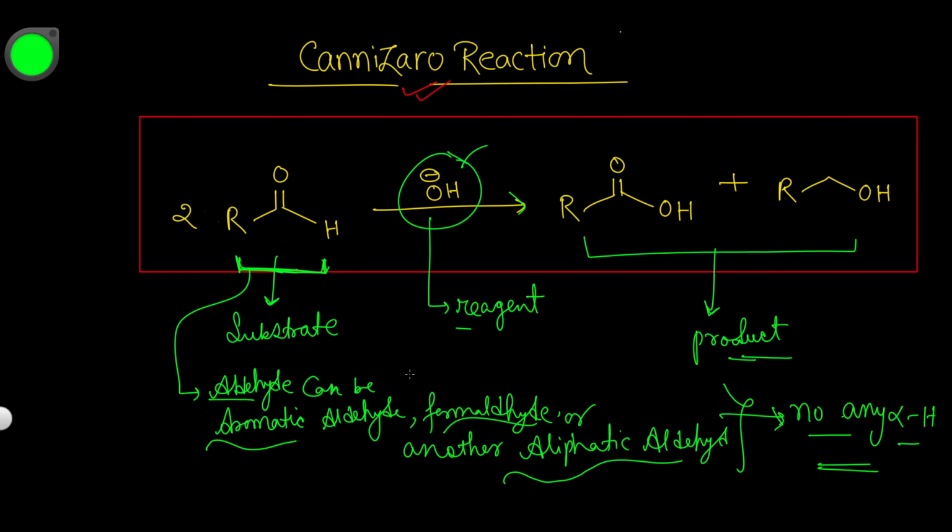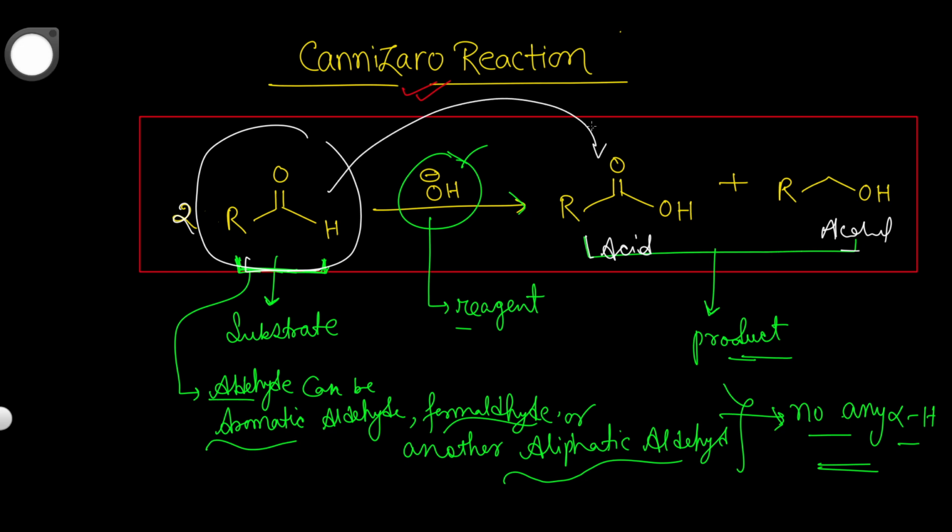Now let's start the mechanism. But before starting the mechanism, I want to tell you one thing. You can see here, this is our substrate, the aldehyde. We have taken 2 moles of aldehyde, and we are getting the products: a carboxylic acid and an alcohol. You can observe that this aldehyde is oxidized to acid, and the same aldehyde is reduced to alcohol.